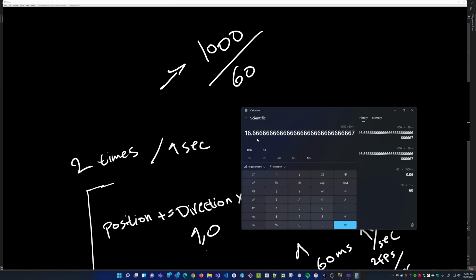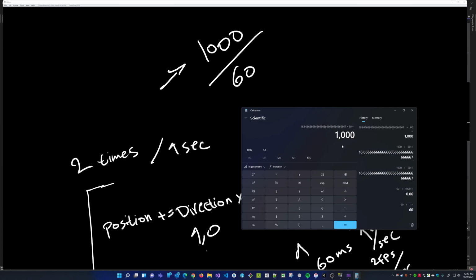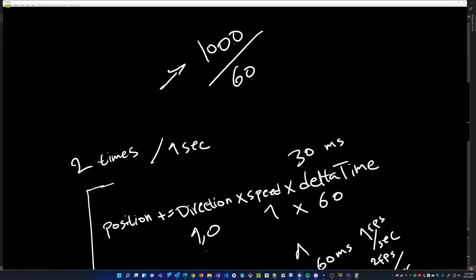If I want to calculate how long it takes to render 60 frames, 16.6 milliseconds multiplied by 60, I get 1,000.